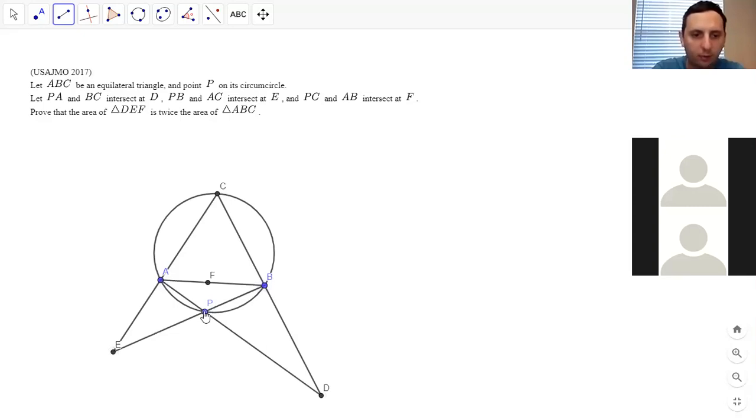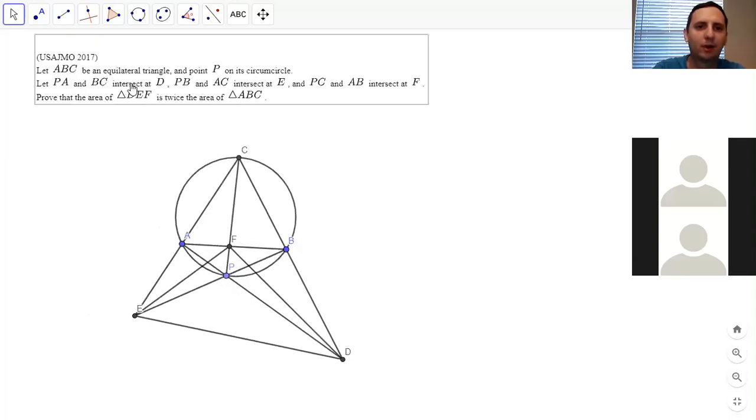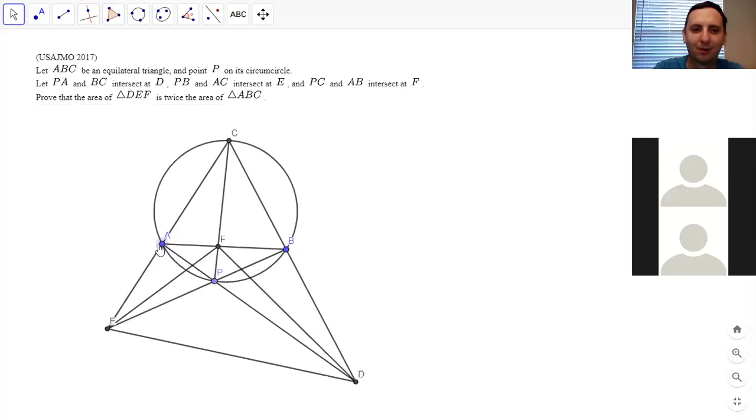So it looks a lot like Bricard's theorem, right? And we want to look at the triangle DEF. I don't do a lot of equilateral triangle problems on my channel, and I don't do a lot of area problems, but this uses both, so it should be interesting.